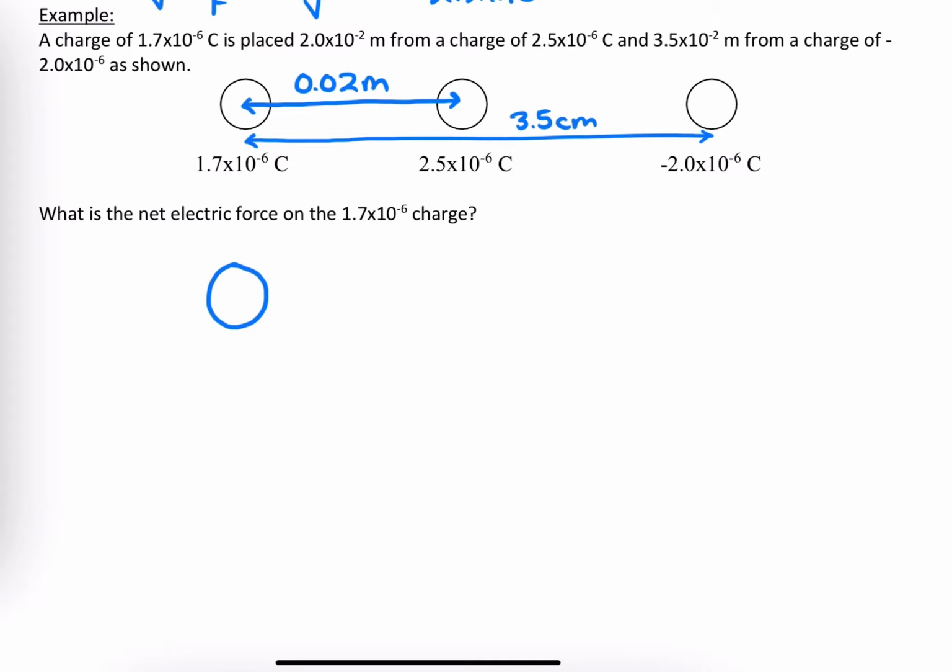So this guy is positive, and this guy is positive. So those charges have like polarities. They have the same polarity. They're both positive. So we know that like charges repel. So they're going to be trying to push each other apart, which means my charge that I'm focusing on over here is going to feel a push to the left side of my page.